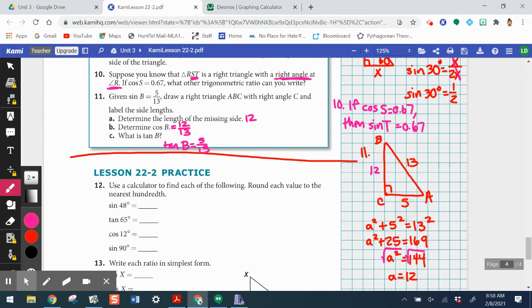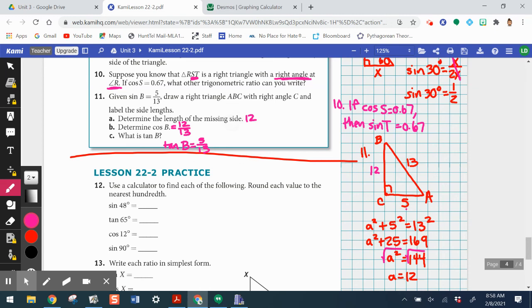And the reason I knew this side had to be 5 was because I labeled this angle B, opposite of that has to be 5, and the hypotenuse has to be 13. That's what the sine of B tells me. The opposite leg of angle B has to be 5 units, and the hypotenuse of B has to be 13. So with B being the indicated angle, opposite of that is 5, and the hypotenuse is 13.